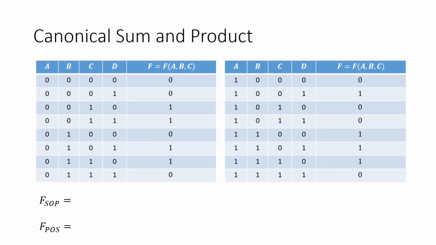Now let us look at an example and try to formulate the canonical sum and product expressions from what we have understood so far in theory. For SOP, we need to see the positions where the output is 1. Remember, there would be no 0, 1, 2, 3 like this written here.